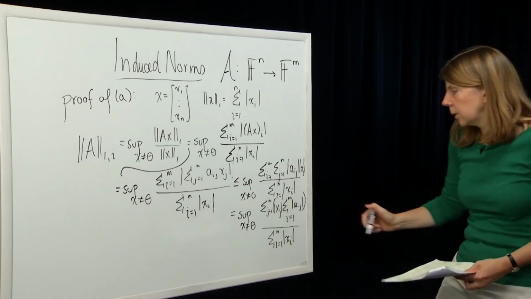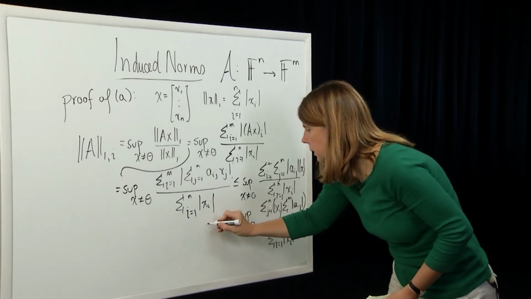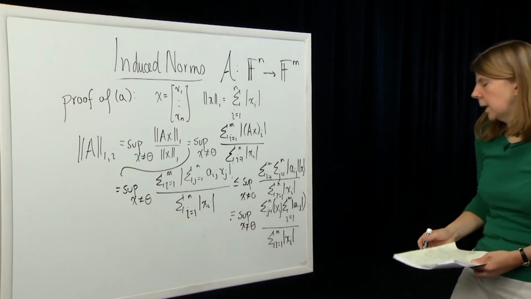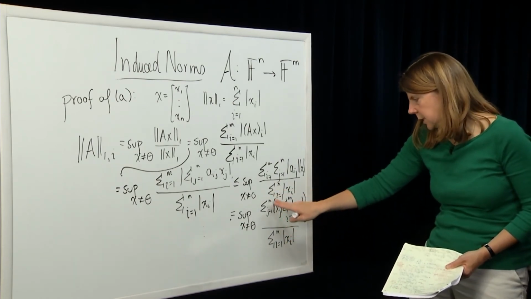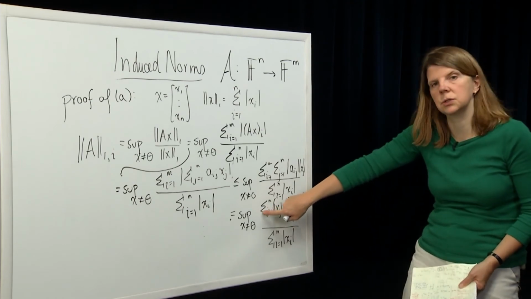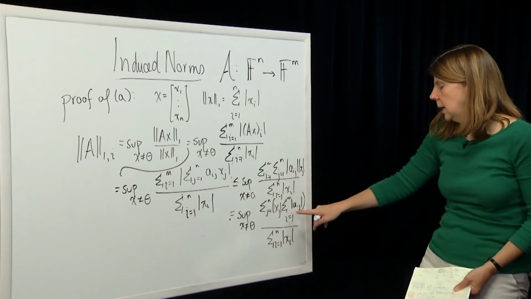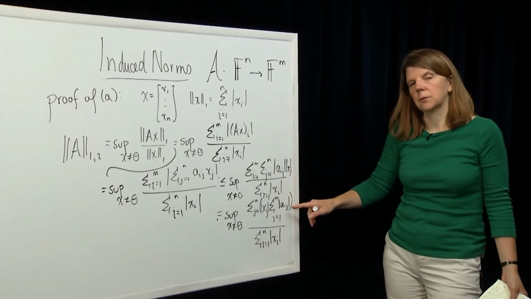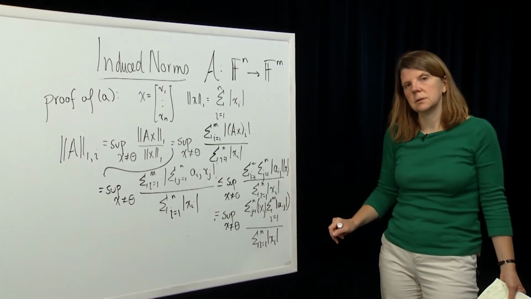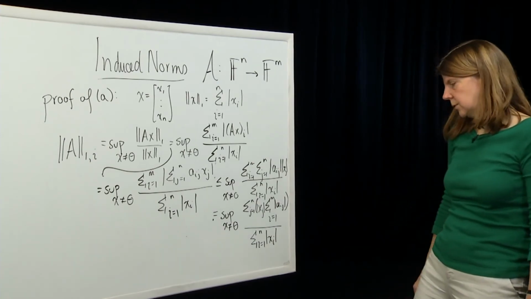But basically where we're going to get to, and I think I'm just going to leave the next couple of steps to you, is we'd like to be able to cancel out this term here, which is essentially the one norm of x, and end up here with just a term on the right-hand side, which depends on the absolute value of the elements of the matrix A.